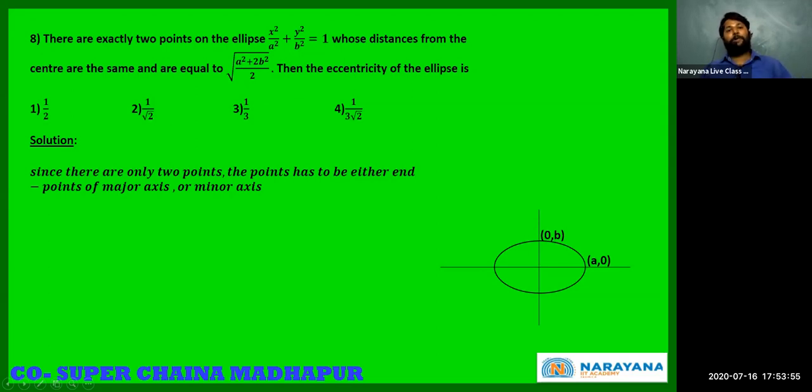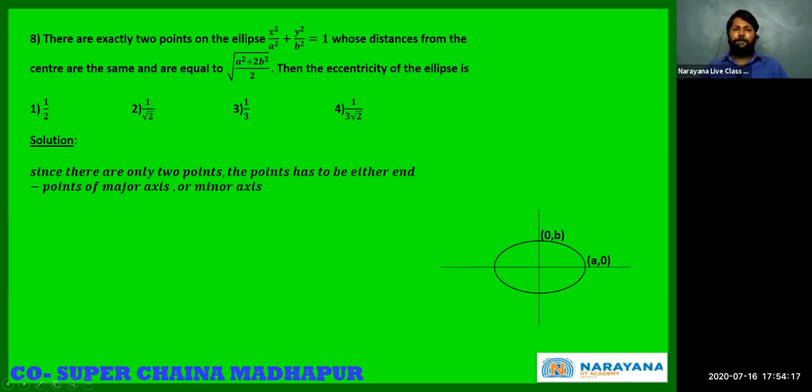No, it cannot be equal to B, because if I split this fraction, what am I going to get? I will get A square by 2 plus B square. Right, so the square root of A square by 2 plus B square will always be greater than the square root of B square. The square root of B square is B itself.